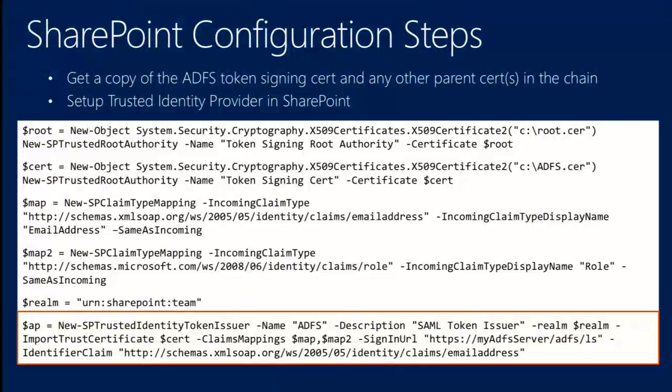The import trust certificate is where we put in the certificates that we copied from the ADFS server. The sign-in URL is the URL that the users will be redirected to in order to authenticate with ADFS, and typically that is the ADFS ls subdirectory. And finally, we have the identifier claim, which, as I mentioned, is the email address.